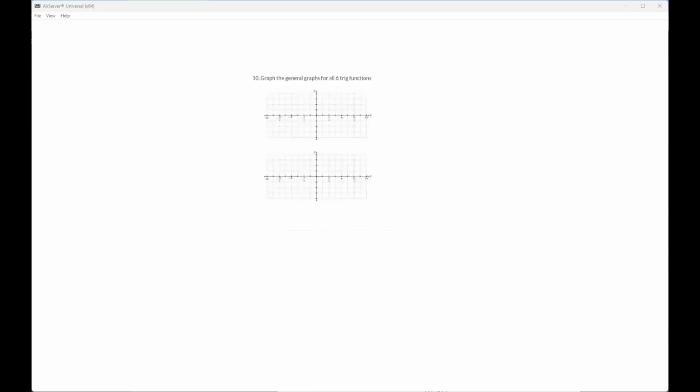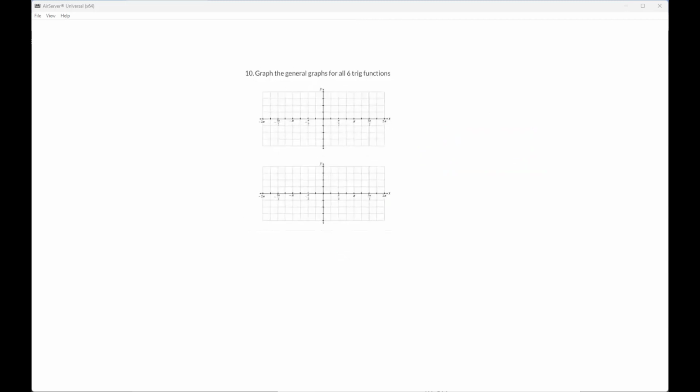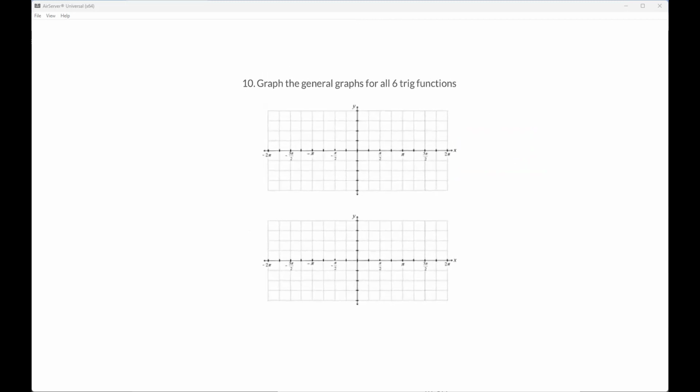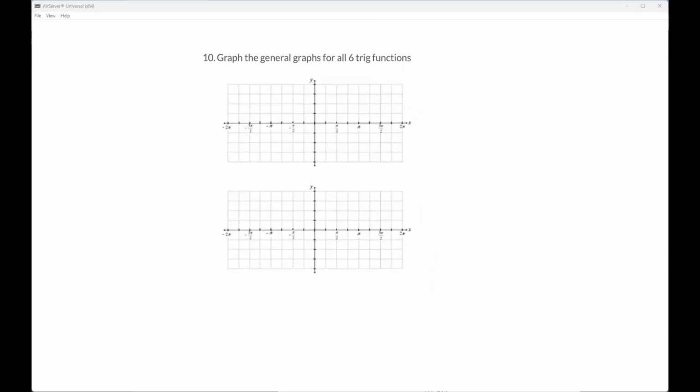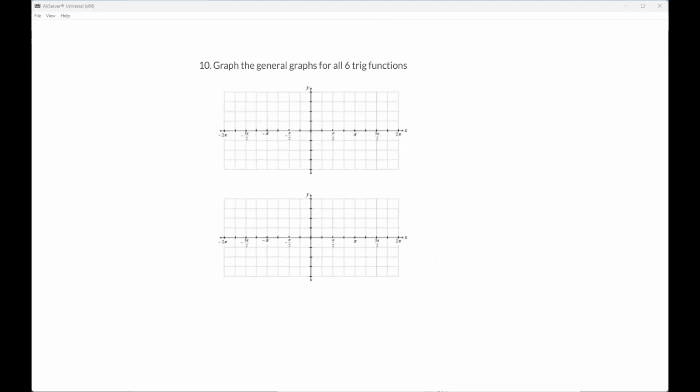All right, here we go, almost there. All right, the general graphs for all 6 functions, you guys kind of know this. I'll give you more graph paper if you need it, okay? Especially with these graphs. But make sure you're accurate with sine and cosine. Maybe you might want to put cosine theta and secant theta together, right? Because this would go here, here, here, and here.